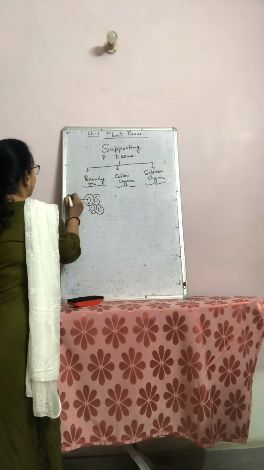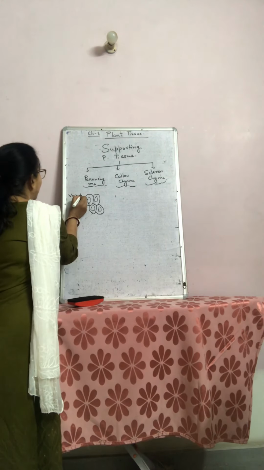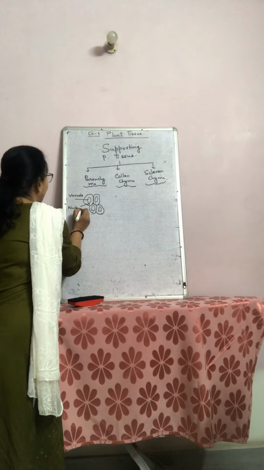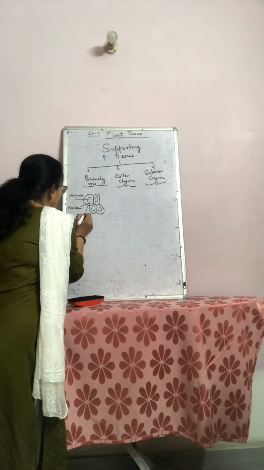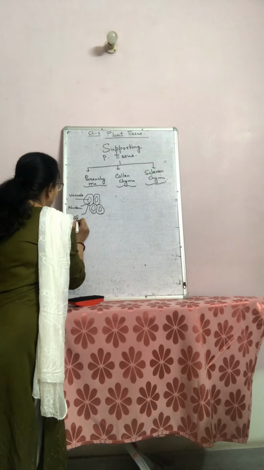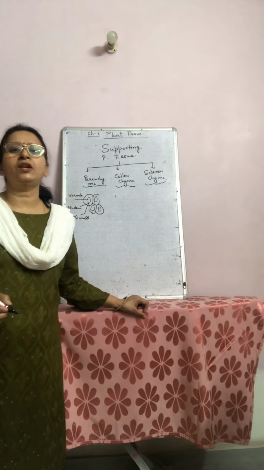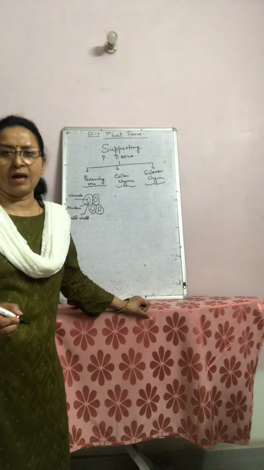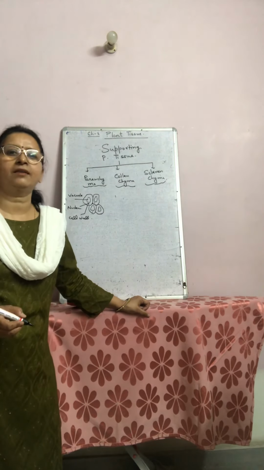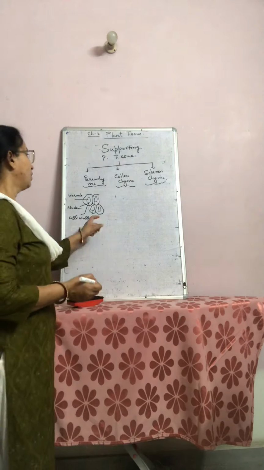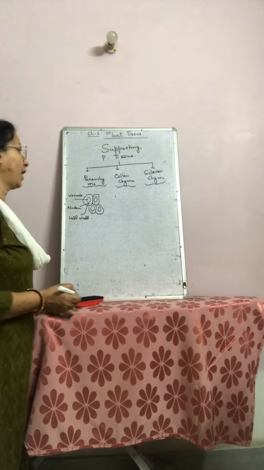Vacuole is centrally located. Since this one is a plant cell, you can say this one is the cell wall. Cell membrane is also present in each type of plant cell, but it is present in the surrounding of protoplasm.